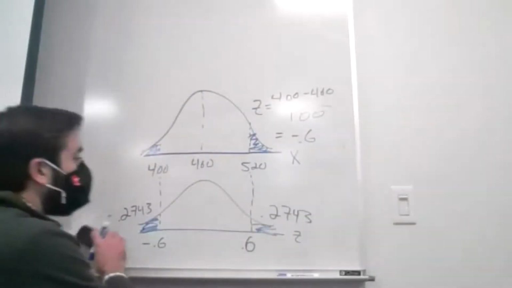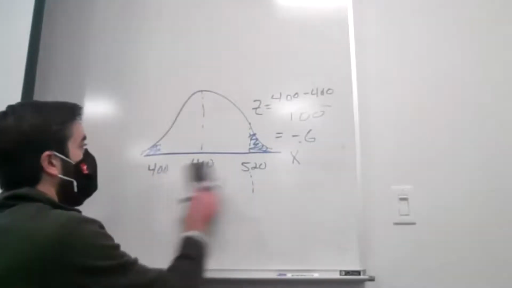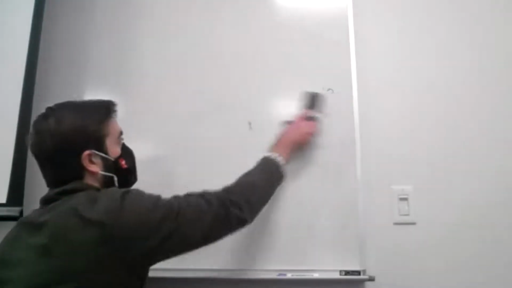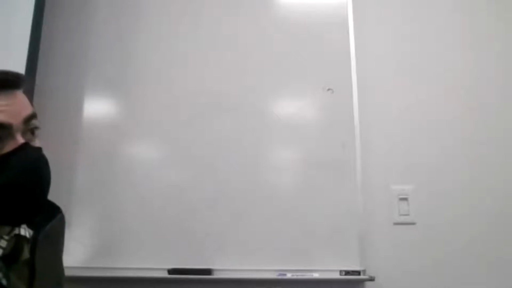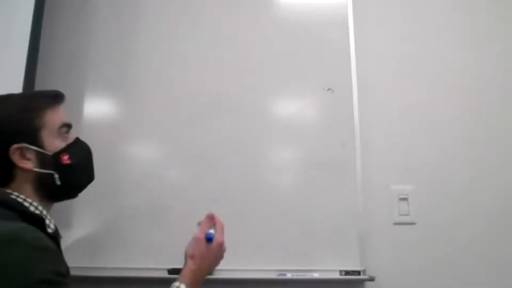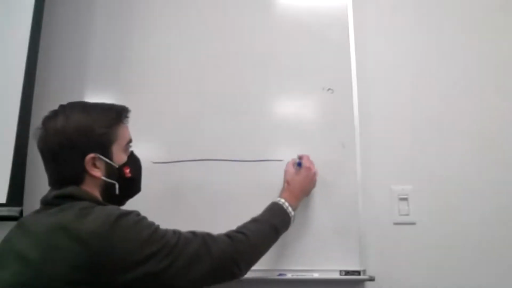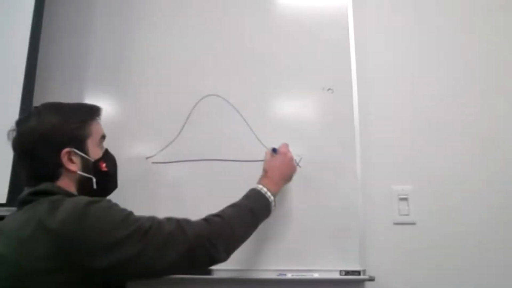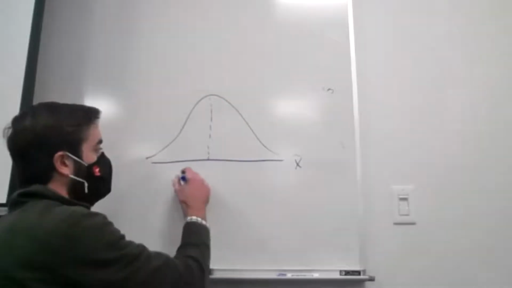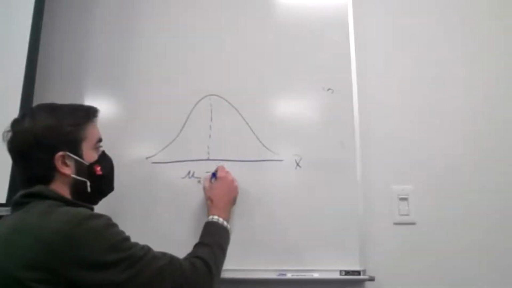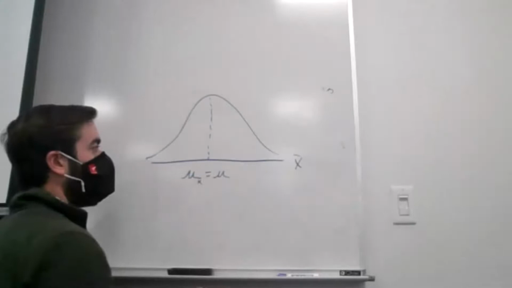So one thing that we had said was if we sample from a normally distributed variable, or we take a sample size over 30 from any variable, we know that the sample means will be normally distributed, and the mean of those sample means will be whatever the original population mean was.